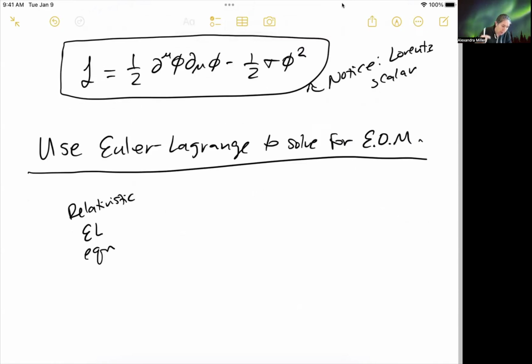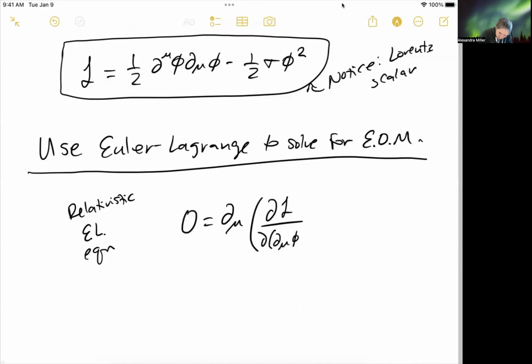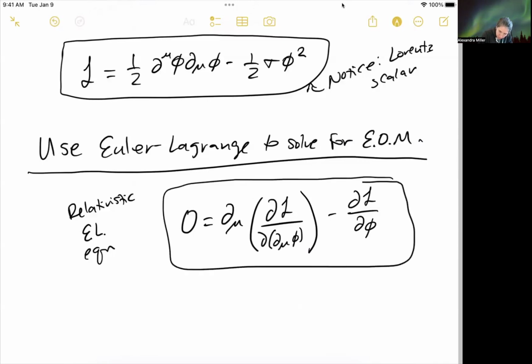So our relativistic generalization of an Euler-Lagrange equation looks like this. This is our Euler-Lagrange equation. And since we just have our one scalar field, we just have one Euler-Lagrange equation.